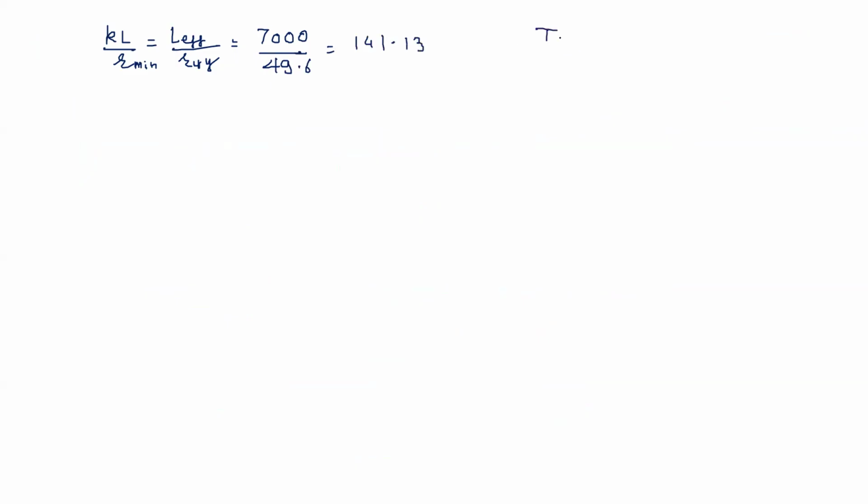We have to use table 9C, and we have KL upon R and FCD. So 140, 66.2, 150, 59.2. And solving this, we will get value of FCD. I will not calculate that. So we have 65.41 Newton per mm square.